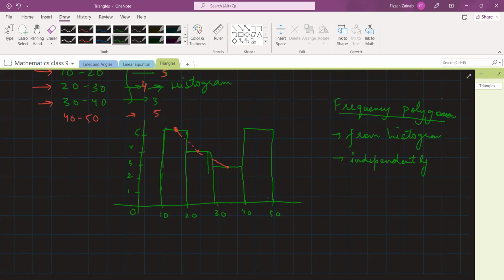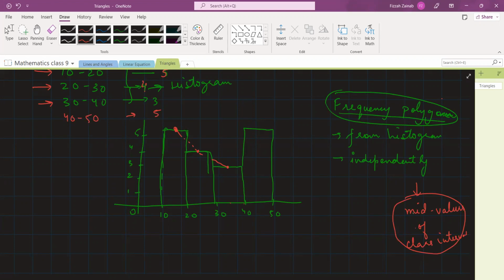Now I want to draw a frequency polygon. Now try to understand what is a frequency polygon. So for a frequency polygon, you actually need mid values of class interval. Right? This thing you need. And this mid value of class interval is actually called class mark, right?